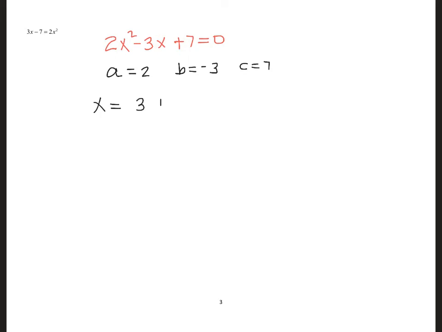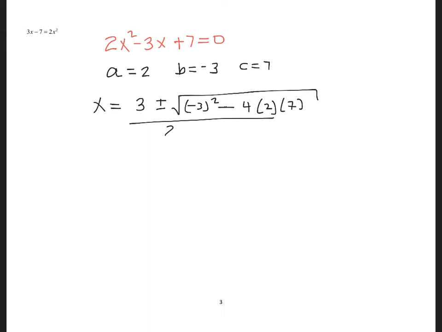So I get 3 plus or minus the square root of b squared, so minus 3 squared, minus 4 times a, which is 2, times c, which is 7. And all this is going to be divided by 2 times a.